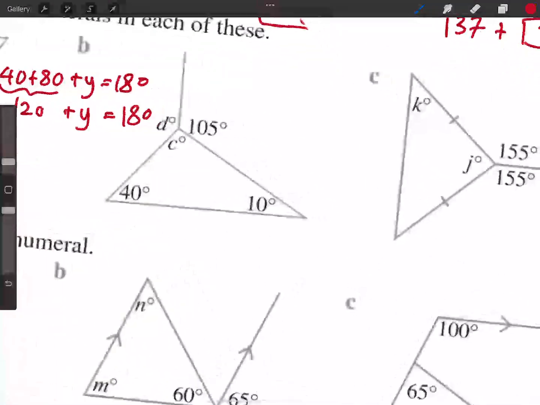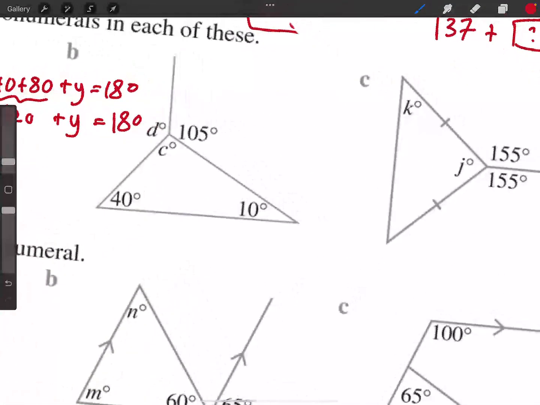Alright. Question B. I can find this angle out because you've got a triangle here, and I can use the angle sum of a triangle to find C. These two add up to 50. So 50 plus C gives me 180, so this must be 130.